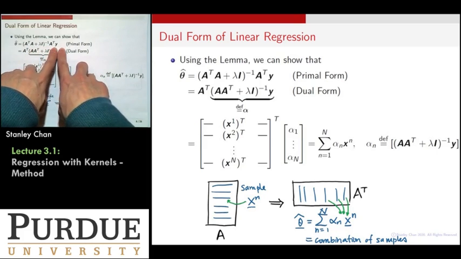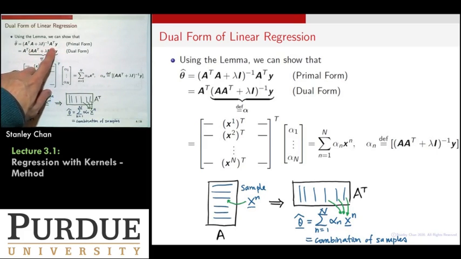You have a measurement vector y, and then you take the pseudo-inverse. That would be theta hat. This is something that we have derived using just taking the derivative and setting it to 0, or if you like the geometry picture, you use the orthogonality principle, you can derive that. Now, because of the lemma, a technical lemma, I can write this equation as that.